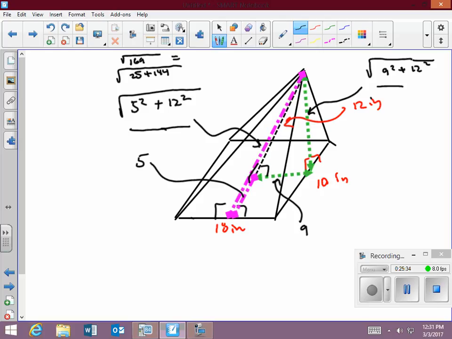And that's actually 13, correct? So that's 13. And this one is the square root of 81 plus 144, and that's the square root of 225. Is that right? That's right, and that's 15. Correct?